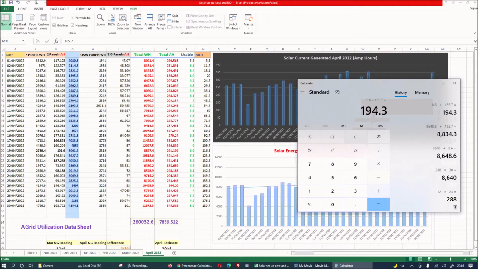So basically, I've used 194.3 kilowatt hours that I can account for. Now, if we subtract this from the 260, we still see that we have some energy loss here, about 65.7 kilowatt hours is lost.